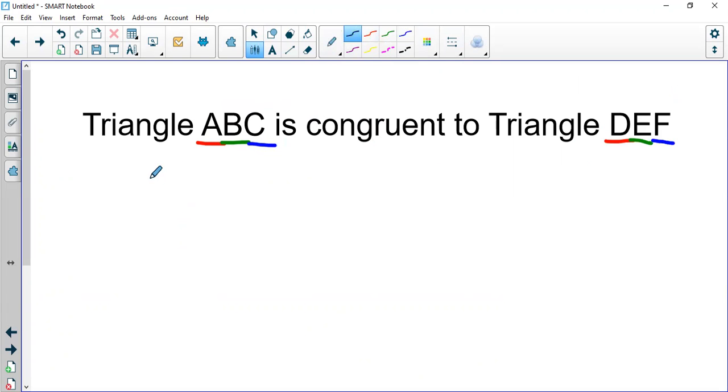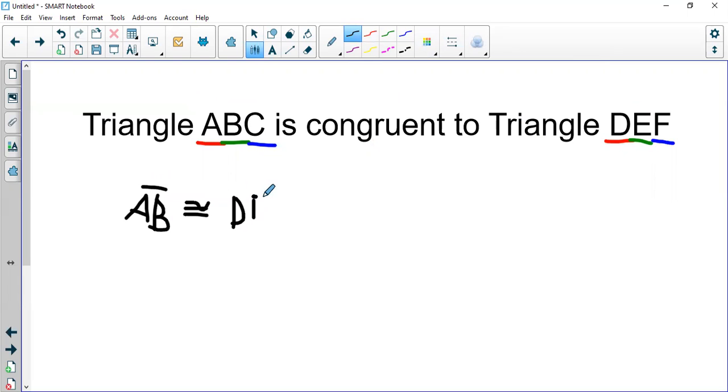Now I can also say that side AB would be congruent to side DE, because AB are the first two vertices, and DE here would be the first two vertices, okay?